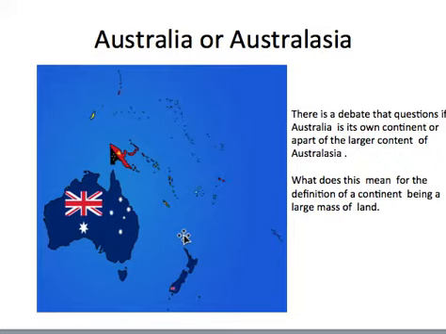The island is called New Guinea, and as you can see, why is Papua New Guinea only counted as being in Australasia? Maybe it's just a map, most likely it's just a map, or there's some strange stuff going on.